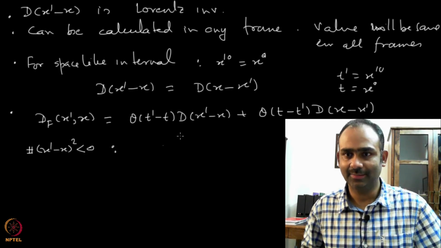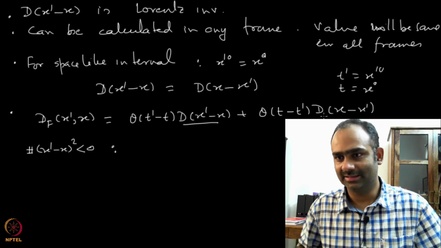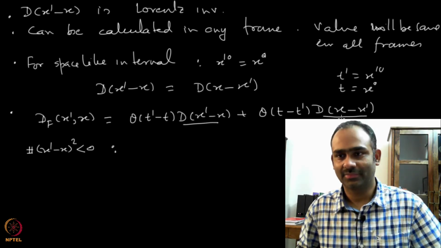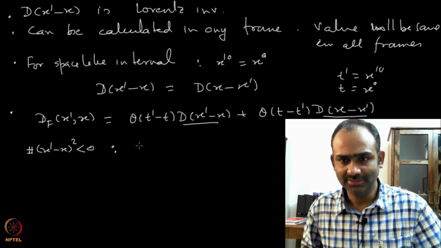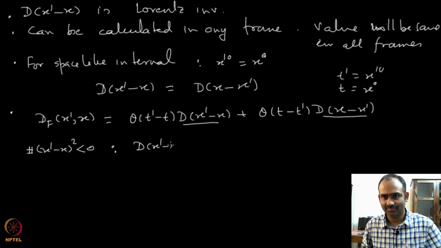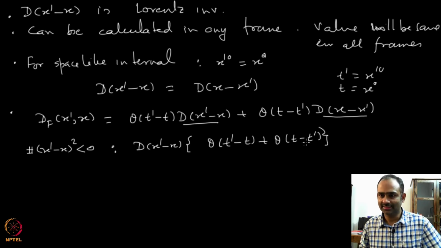So, for such a case, this and this, they are equal. Okay. And if they are equal, I can just take them as common, and then what I have here is theta of t prime minus t plus theta of t minus t prime. And what is that? Sum, that is unity, that is 1, because you see here.